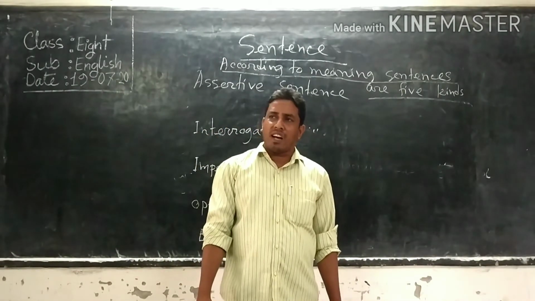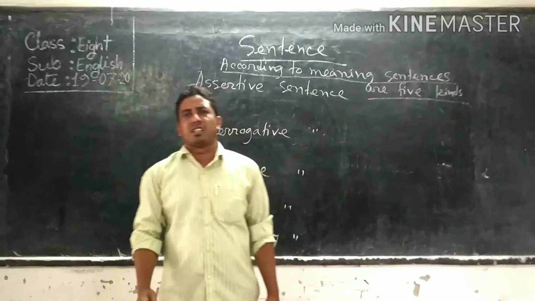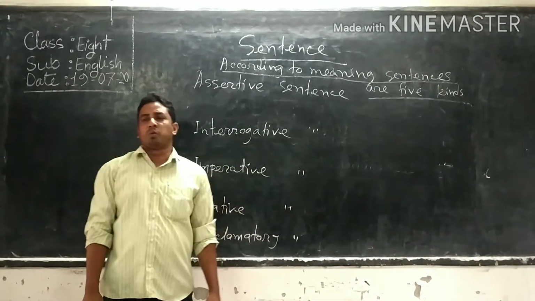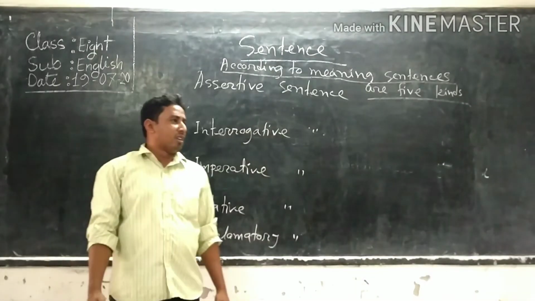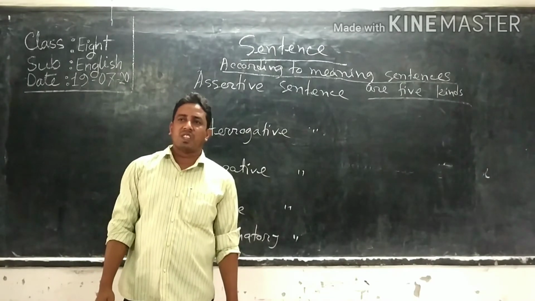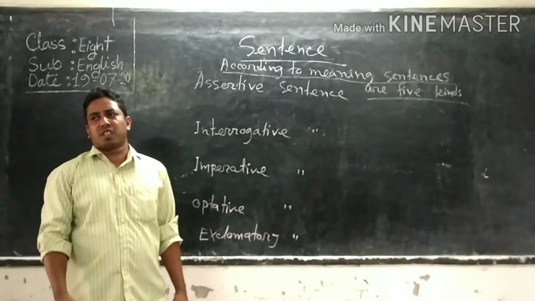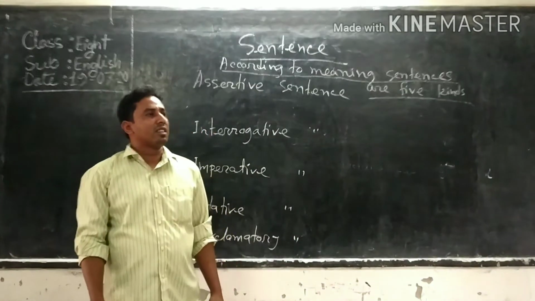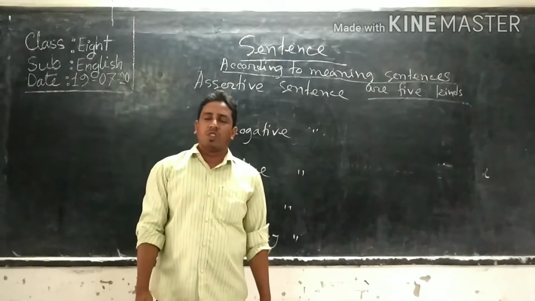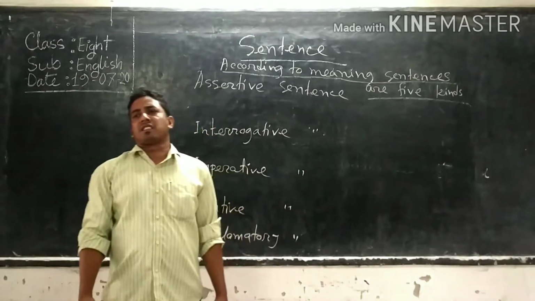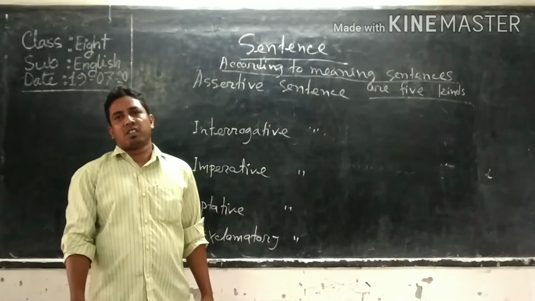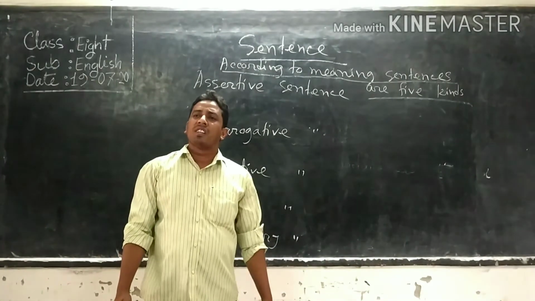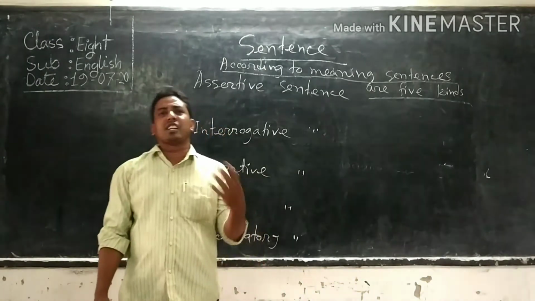Suppose, I eat rice, I am a student, Rohim plays football, Meena goes to school. These are assertive sentences. In this way, I am not a student, Rohim does not go to school, Meena does not play football. These are also assertive sentences in the negative sense.